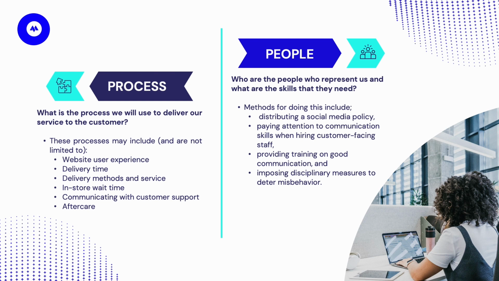Again, I gave you the example of Amazon and the delivery time, but it's because of the delivery method and services that it's able to give you a more effective delivery time in terms of when your package gets to the front door. And then you also have in-store wait time, in terms of how the procurement process works and how things are processed to get to the final consumer.